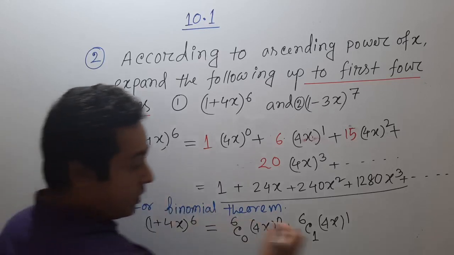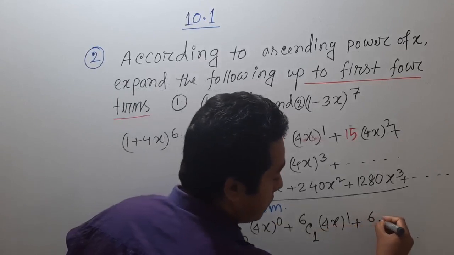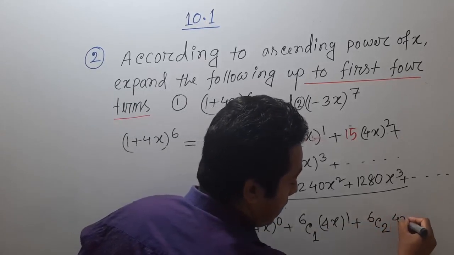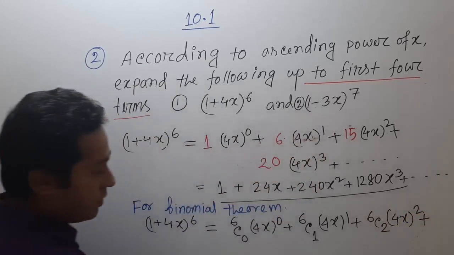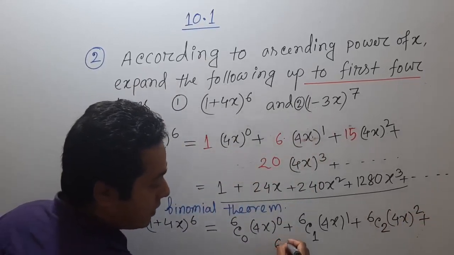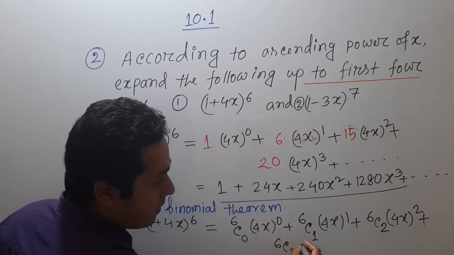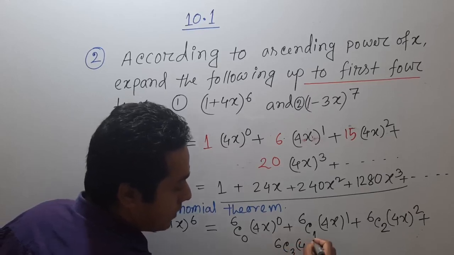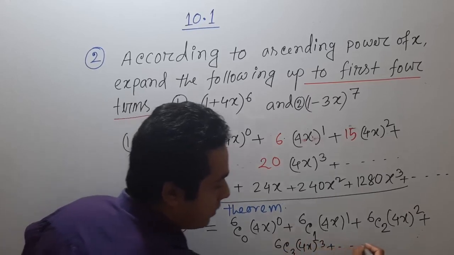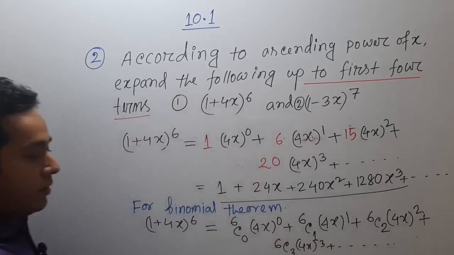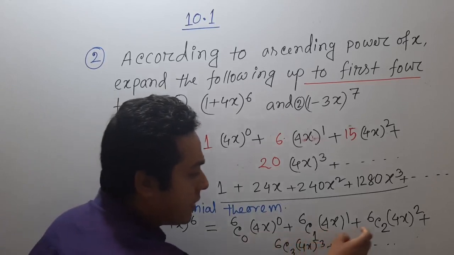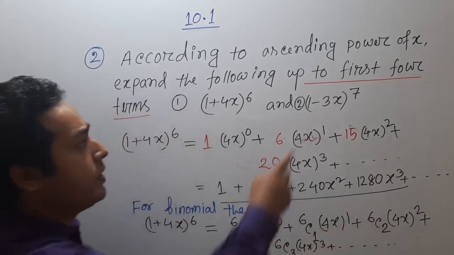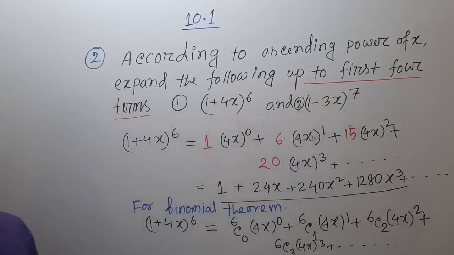Then 6C2 (4x)^2 and 6C3 (4x)^3, dot dot. Here the first, second, third and fourth terms, we need four terms.